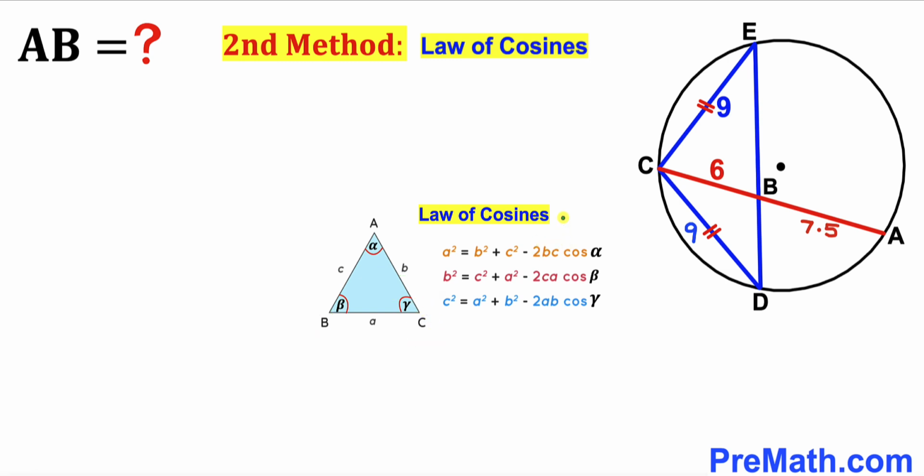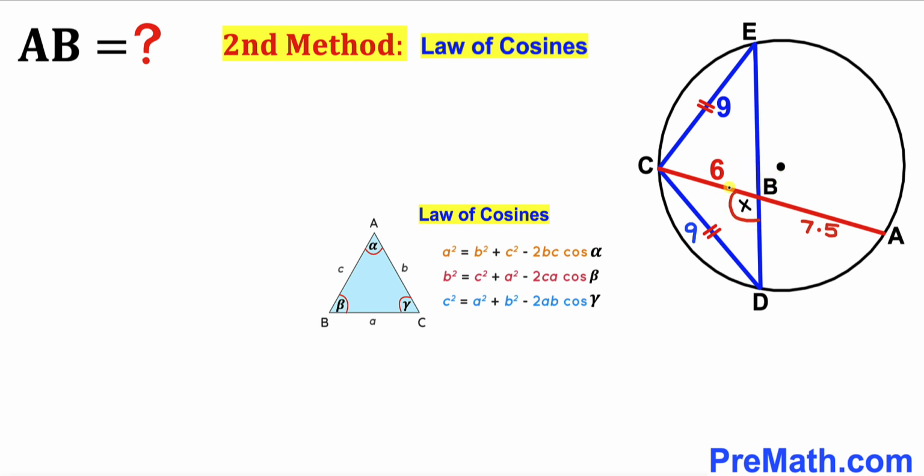Then we have these law of cosines. The first one is a squared equals b squared plus c squared minus 2bc times cosine of alpha. And likewise, two more. Now let me go ahead and call this angle CBD our angle X. And we know that this whole straight angle is 180 degrees.